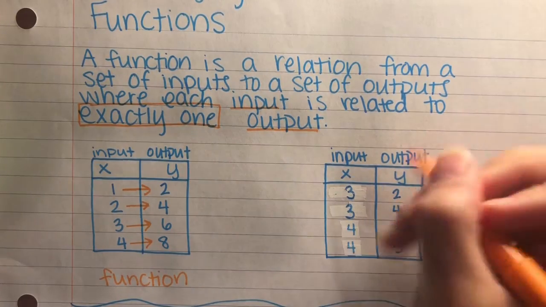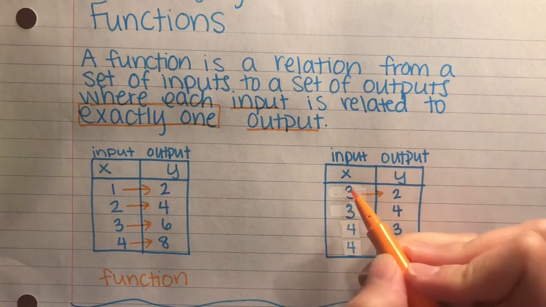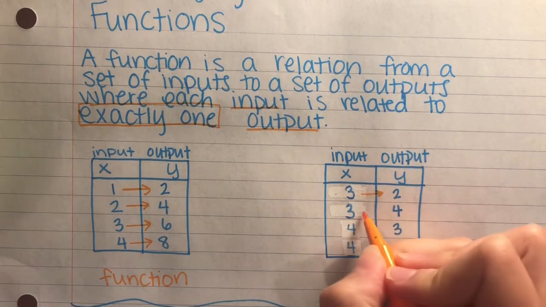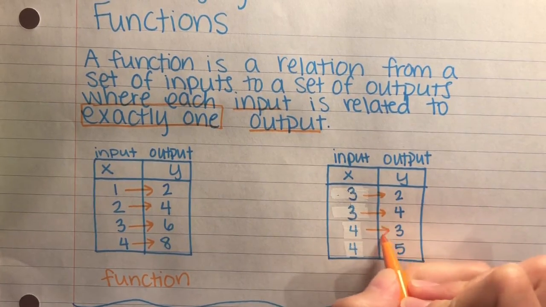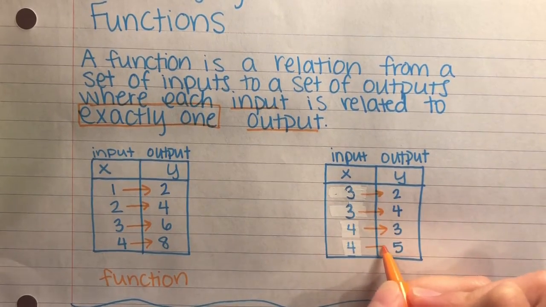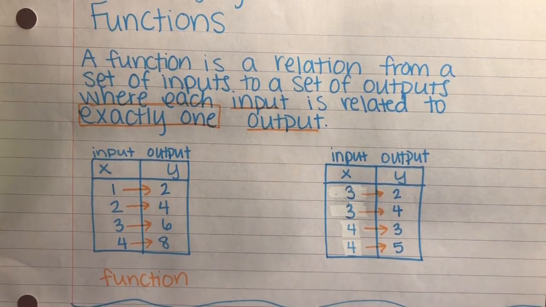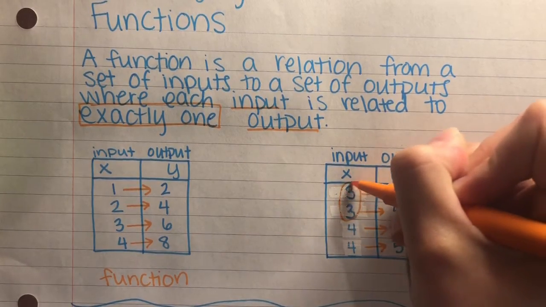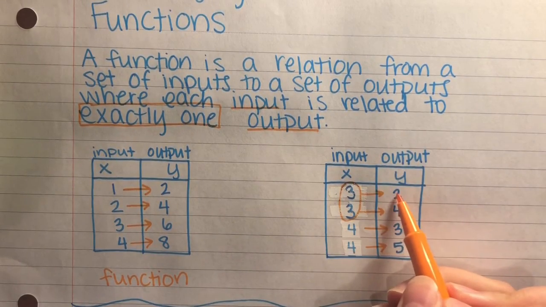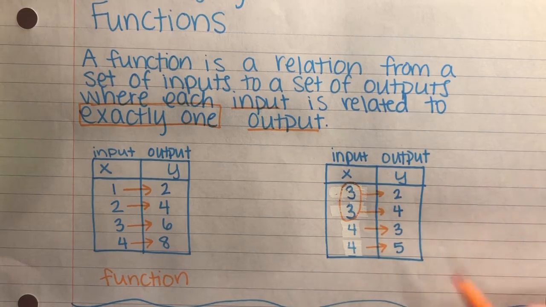In our second example, when x is 3, y is 2. When x is 3, y is 4. When x is 4, y is 3. And when x is 4, y is 5. So notice here, when x is 3, we get two outputs. We get an output of 2 and an output of 4.